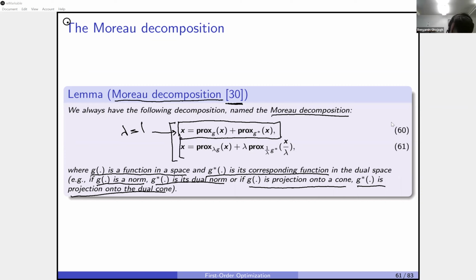And in the more general case with parameter lambda, we have this. That's an interesting thing. We can write any variable x as the summation of two terms, prox of x with function g, plus prox of x with function g star.